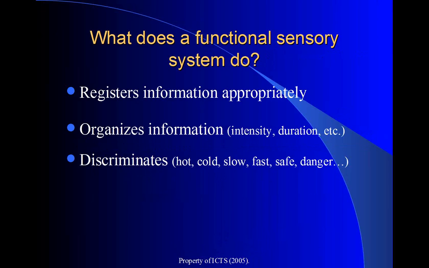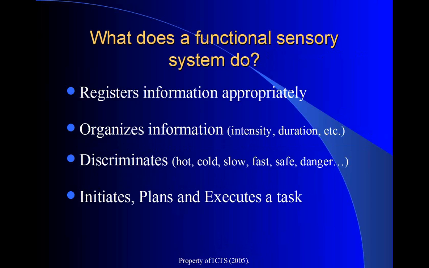So what does a functional sensory system do? A functional sensory system, just to recap what we've been over, registers information appropriately, organizes information by telling you how long, how short, how hard, how soft, discriminates the information, hot, cold, slow, fast, whether you need to be safe, whether you need to look for cars, and initiates, plans, and executes a task.